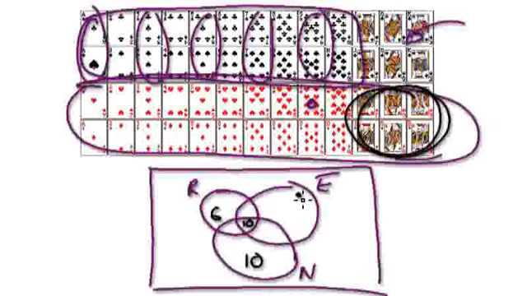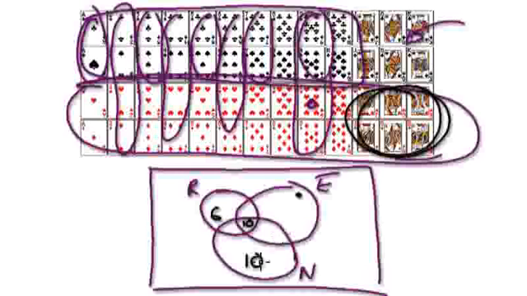Okay, let's try to tackle this one here. We want even, but not a number card and not red. If you look at all these even ones here, they're even, 4, 6, but all of these fall into number.